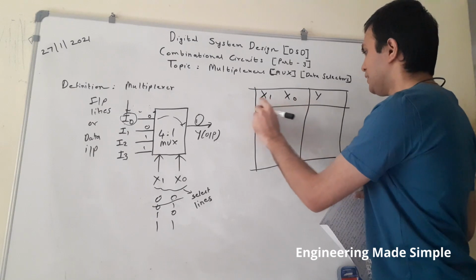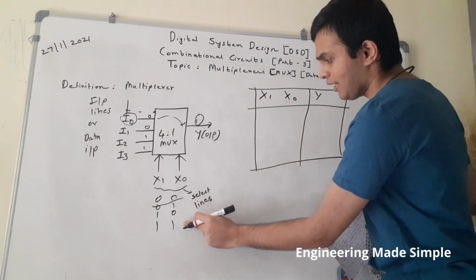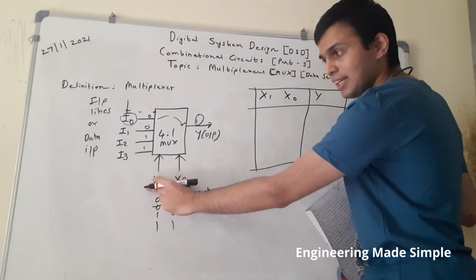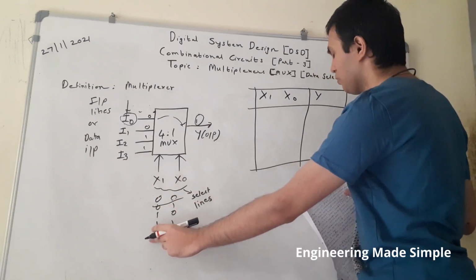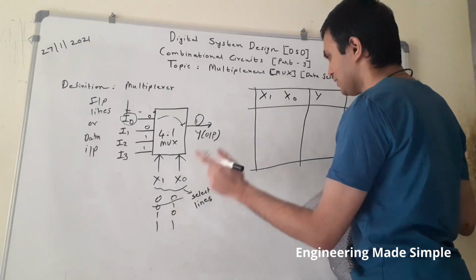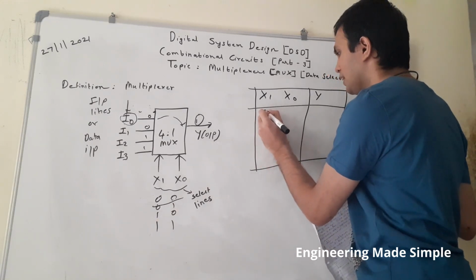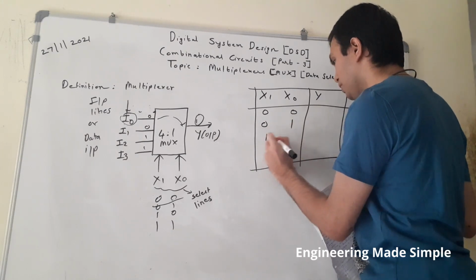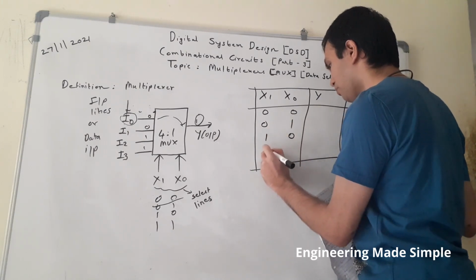So how will you write this? As you see, there are four combinations possible because there are two binary variables X1, X0. So for that, four select combinations are available: 0 0, 0 1, 1 0, 1 1.